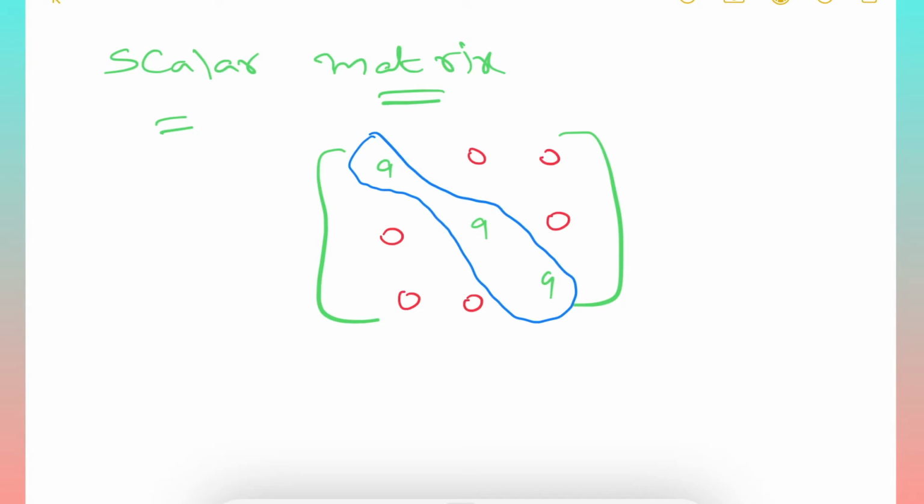That's it. Then this kind of matrix is called a scalar matrix. Scalar matrix is nothing but every element in the diagonal should be same and non-diagonal elements should be equal to 0.